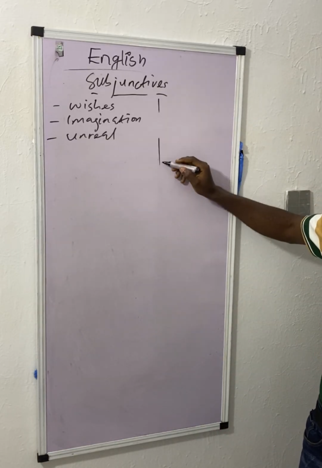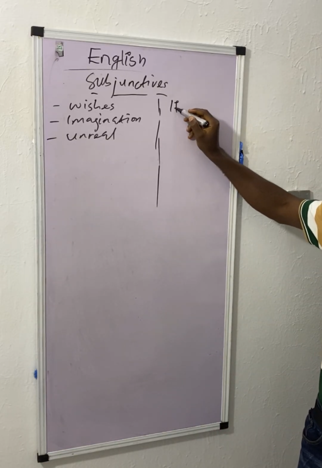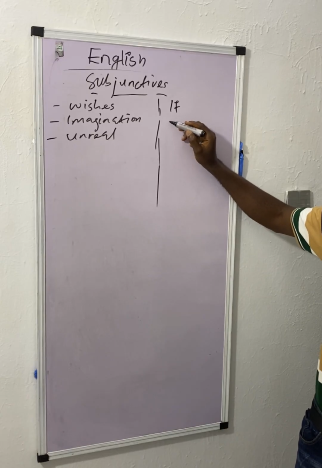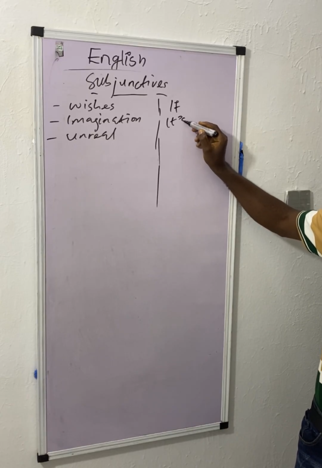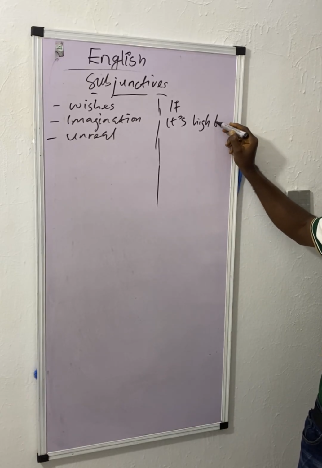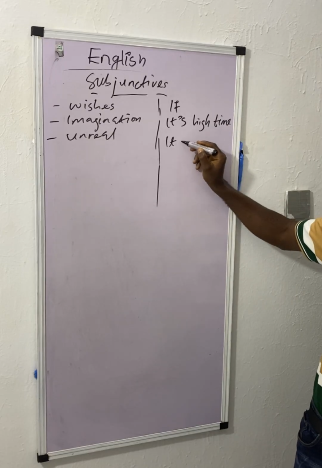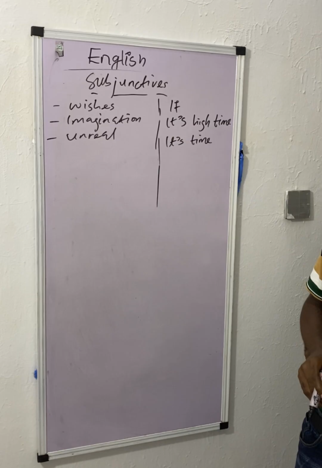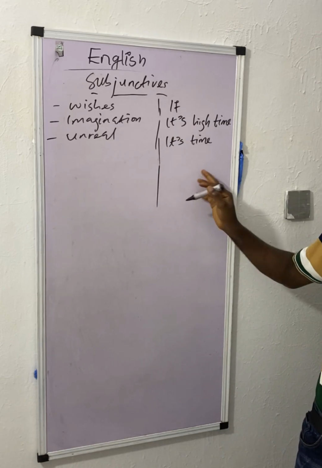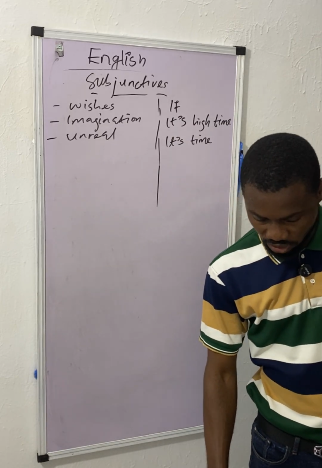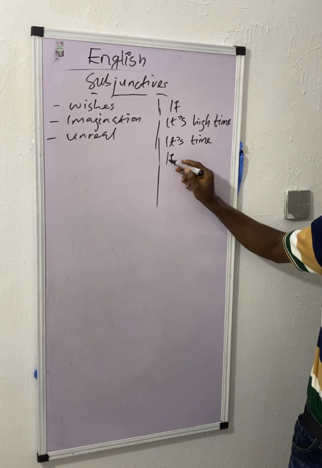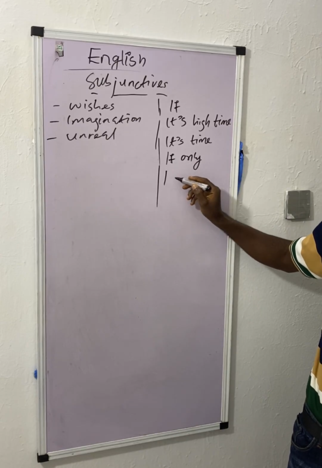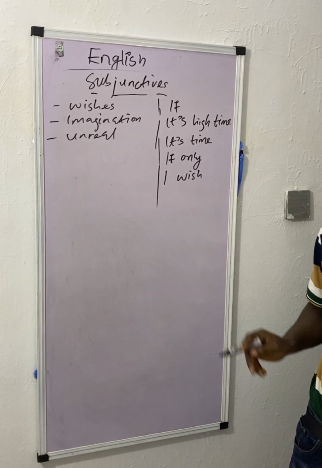They include, these are the words: if, it's high time, it's time. All right. Which other one again? I would rather. No, I would rather is not the subjunctive. All right. If only, I wish. All right. Which other one do we have?